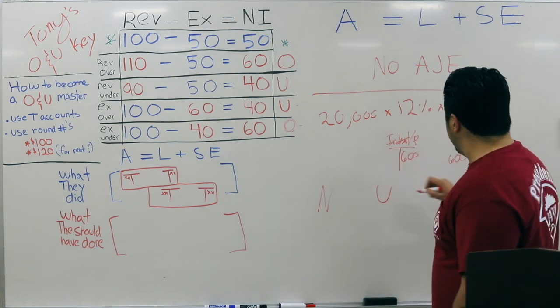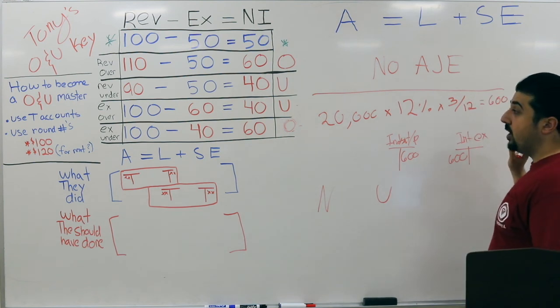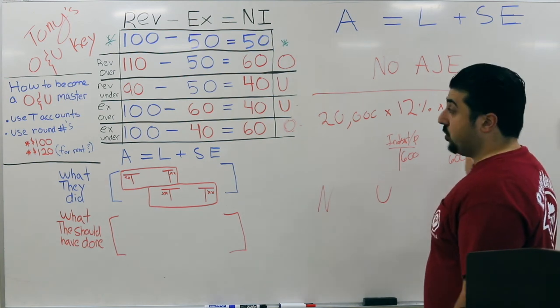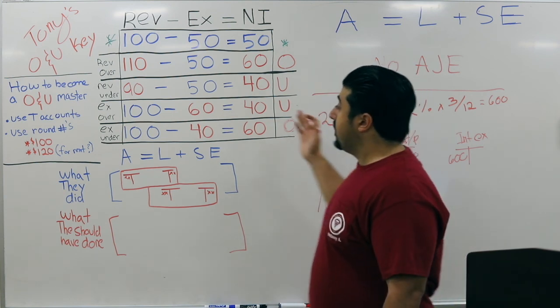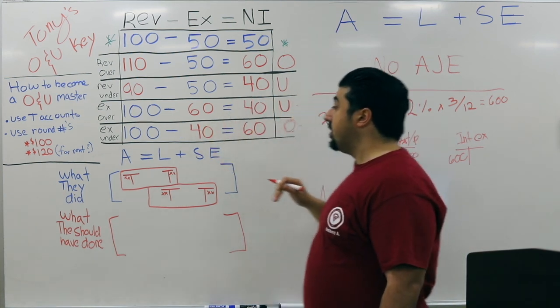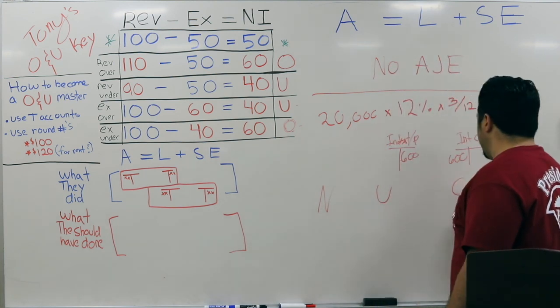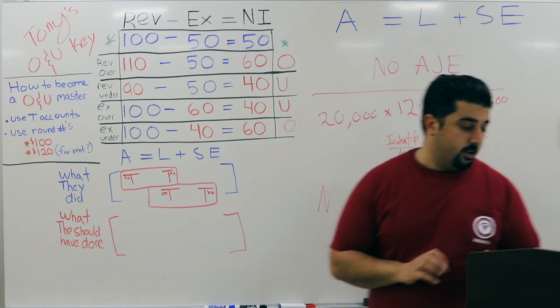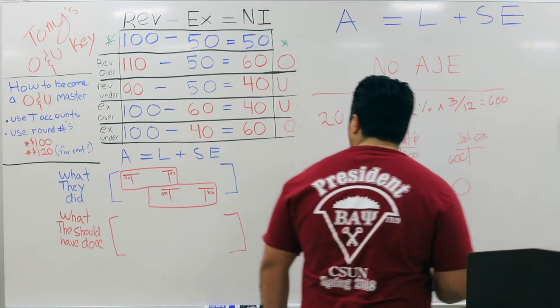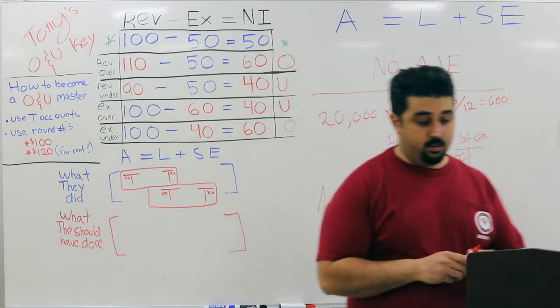So under. They're showing less expense. They should be showing $600 of expense, but they're showing 0. So they're understating their expense. So over. N, U, O.